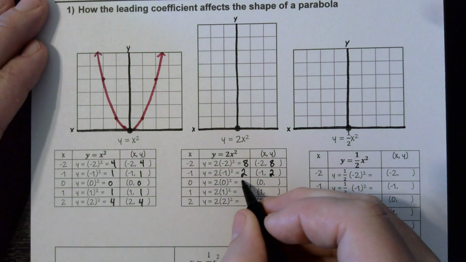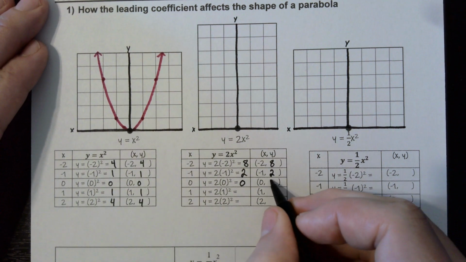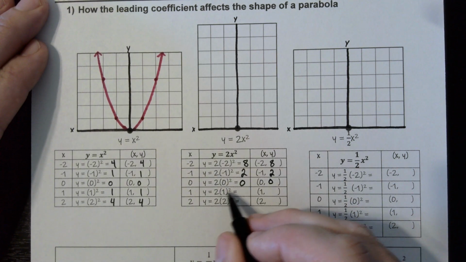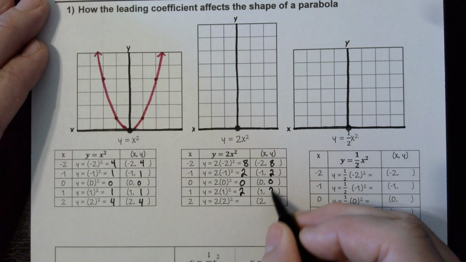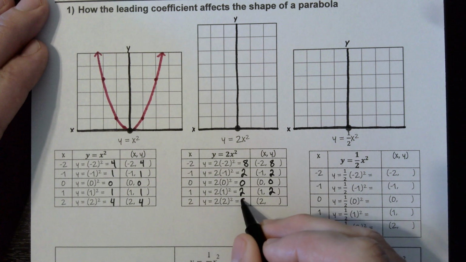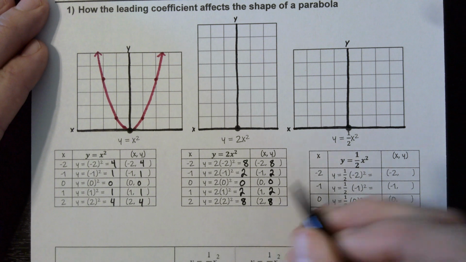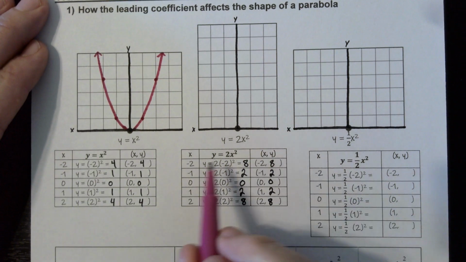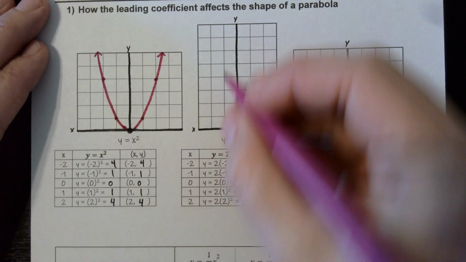A 0, of course, this whole thing will just zero out. So that's 0, 0. Plug in a 1. 1 squared is 1 times 2 is 2. So 1 comma 2. And then this one, you square the 2, becomes 4 times 2 is 8. So 2 comma 8.